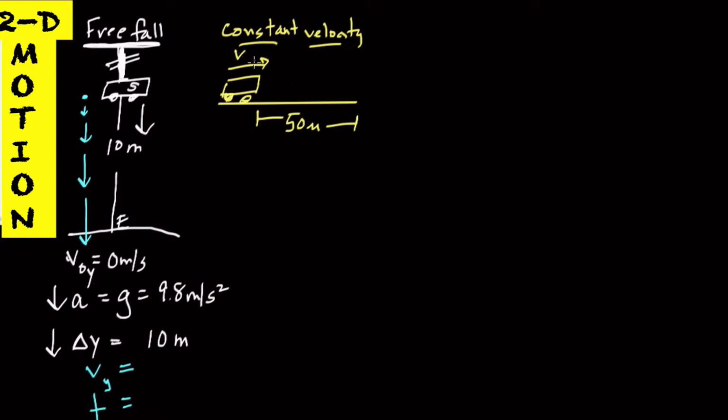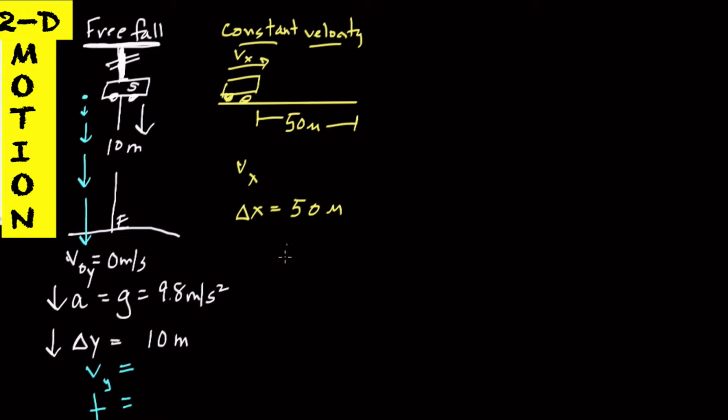And I know it's traveling at some horizontal velocity, and I'm going to put a little subscript of an x there to remind myself that it's a horizontal velocity. Well, what can I find out about this? What do I know that's going on in the x direction? It has some x velocity. I know that delta x is 50 meters.